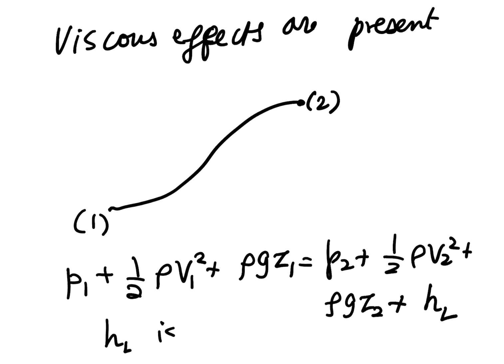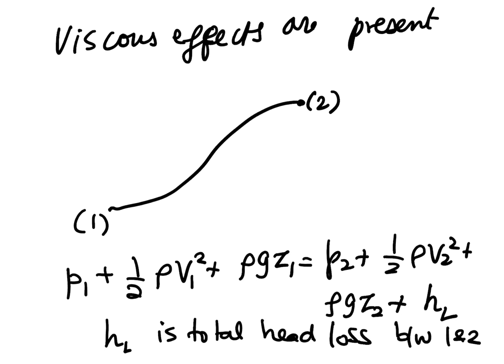HL is the total head loss between 1 and 2. So we are going to write it in a slightly different form. We'll write HL multiplied by rho G, so that dimensionally both the sides are consistent.